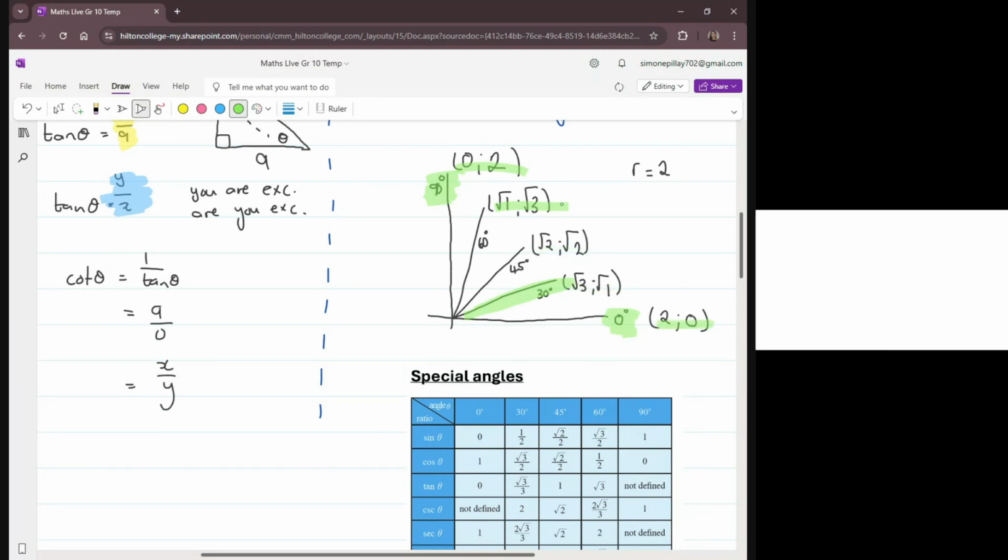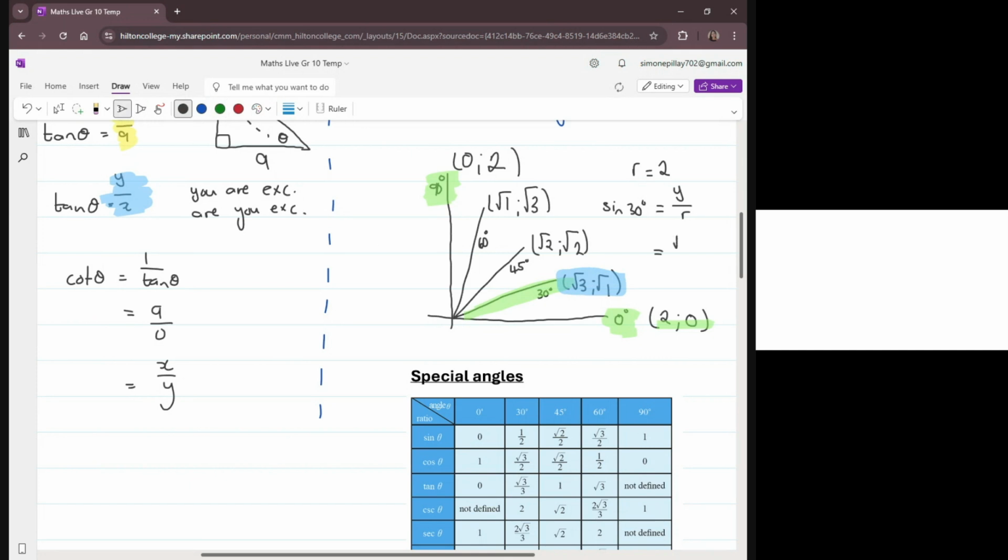So let's take an example, and let's say we wanted to do sine of 30. We know that sine is going to be y over r. If I look at my 30-degree line, my x value is root 3 and my y value is root 1. So what I'm going to do is sub in my values.